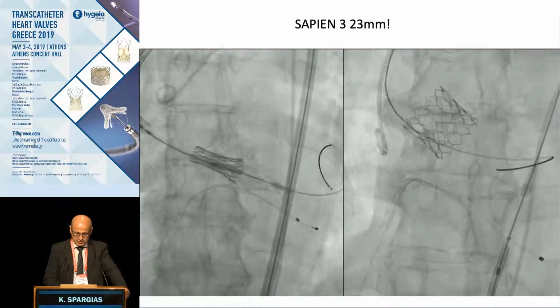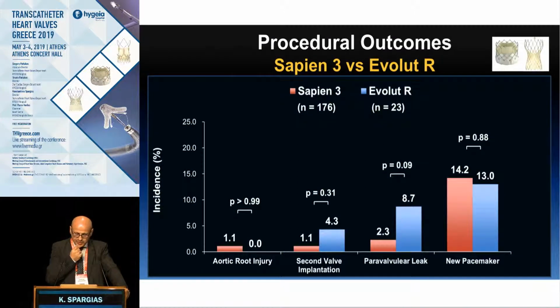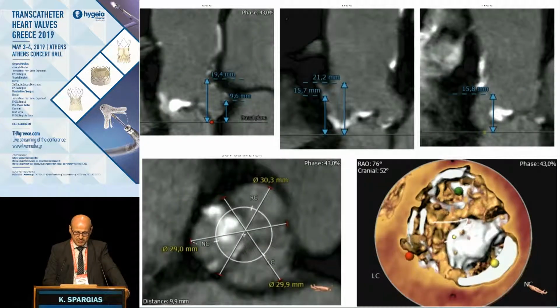So it was a good option, and we know from the latest data between Sapien 3 and Evolut R in bicuspid valves, we get less paravalvular leak and less likelihood to need a second valve at the expense of a slightly higher annular rupture if we're not prepared well.